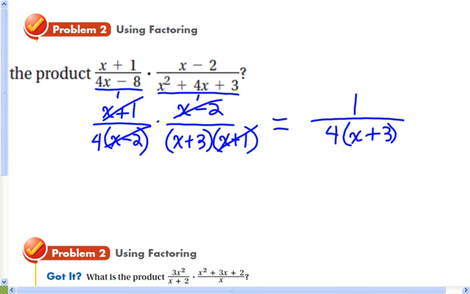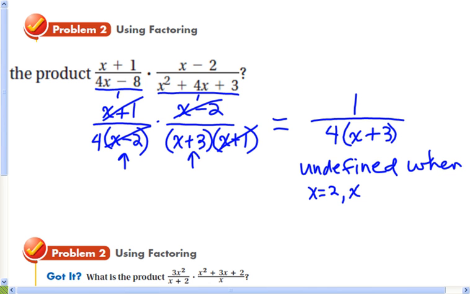Now, if we need to point out what x cannot equal, we have to go back to our original equation, and we have to say here, it would be undefined when x equals 2, x is -3, and x is -1.